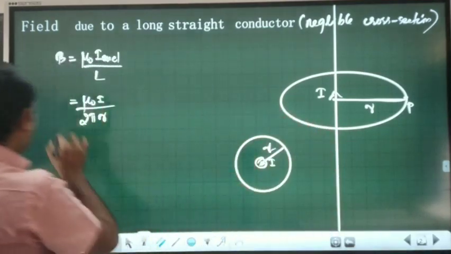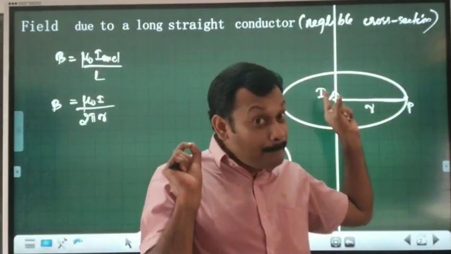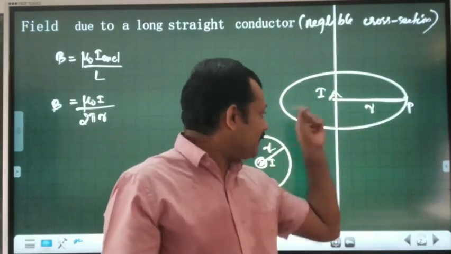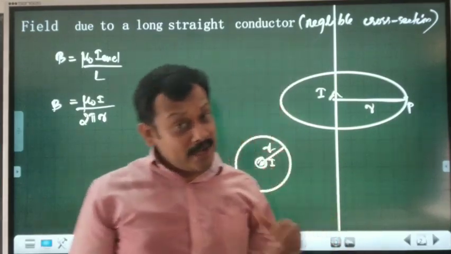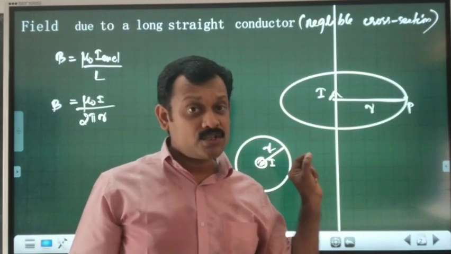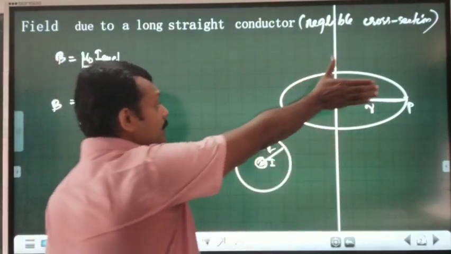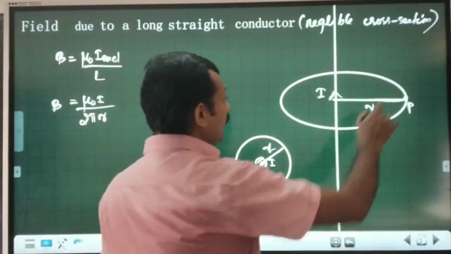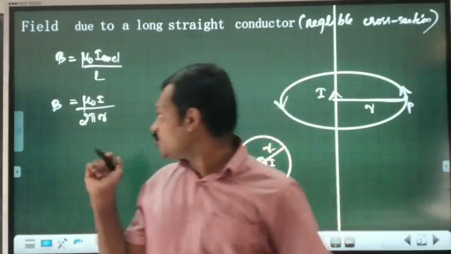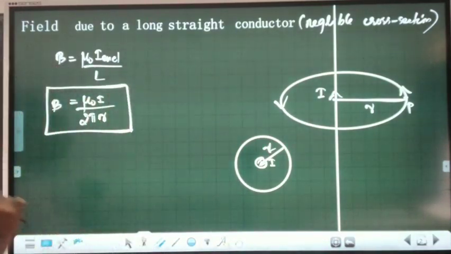So the magnetic field due to a straight conductor carrying a current I, at a point P which is at a perpendicular distance r from the conductor, is mu 0 I by 2 pi r, whose direction can be determined by the right hand rule. Here it is directed into the plane of the board, here it is coming out of the plane of the board. So this is the formula for the magnetic field due to a long straight current carrying conductor.